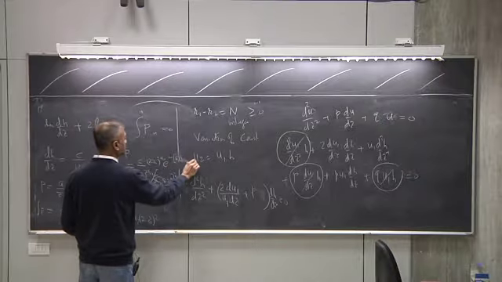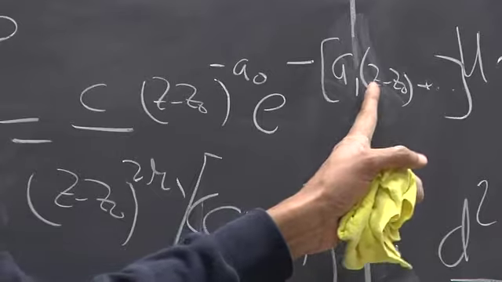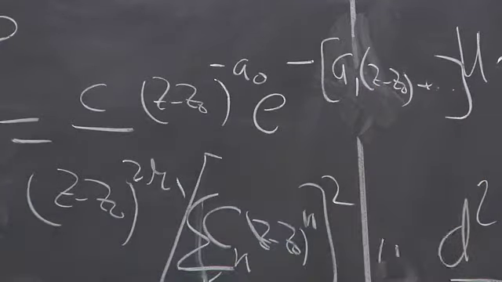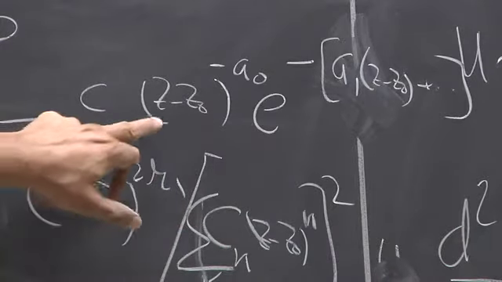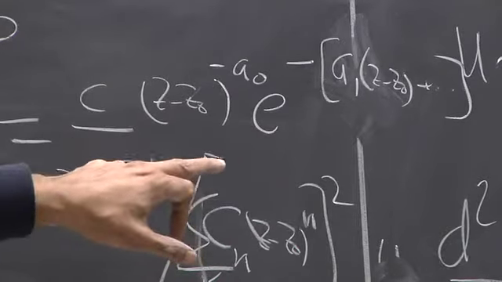These are dot dot dot, because there's no singularity here. These are all just positive powers in Z minus Z0. So we can rewrite this whole thing. Let's look at the leading behavior. If you put that together, it becomes 1 over, 2r1 plus A0. Okay.